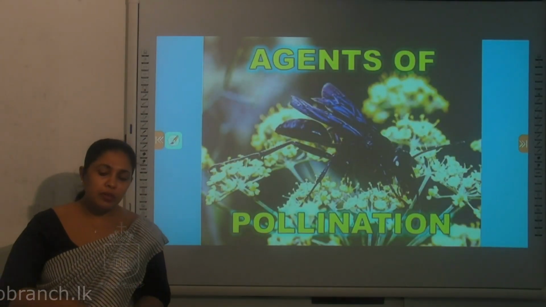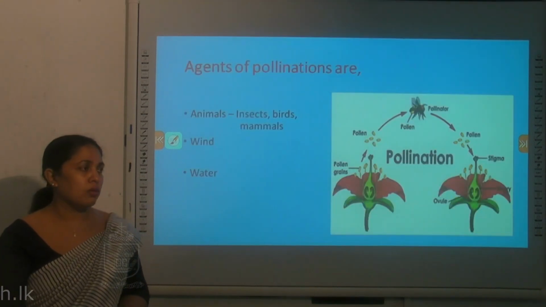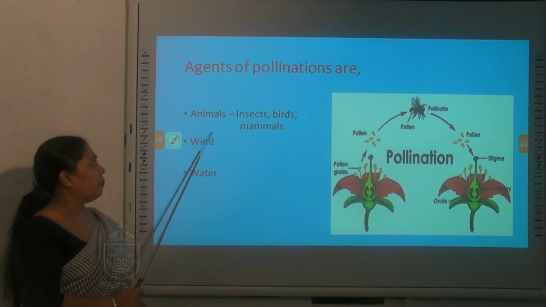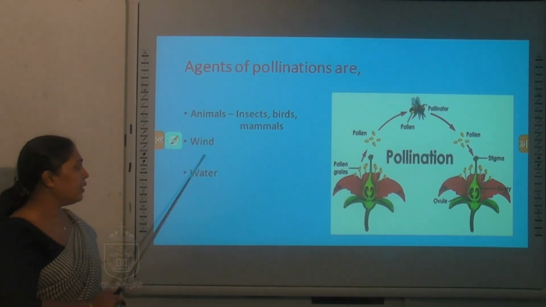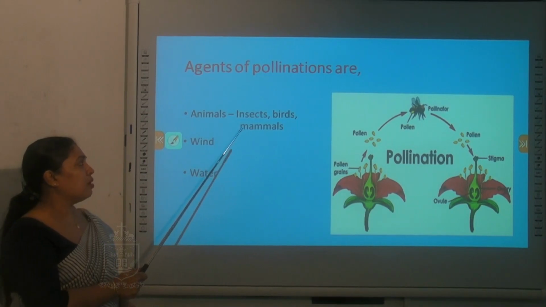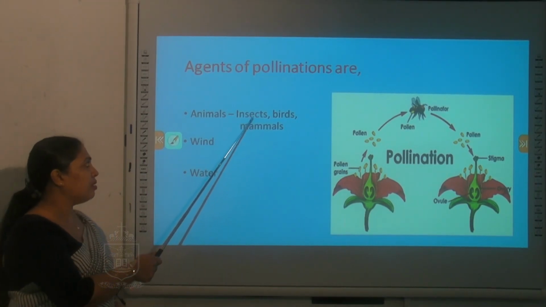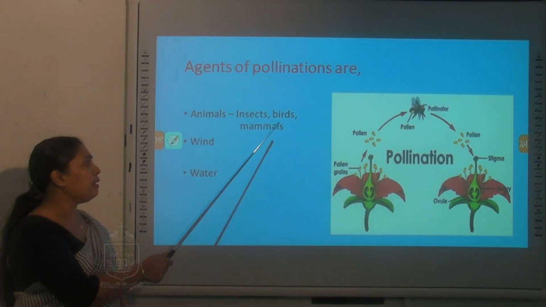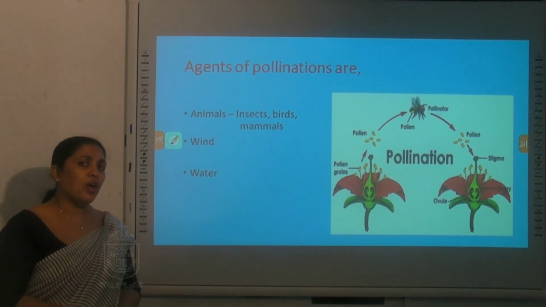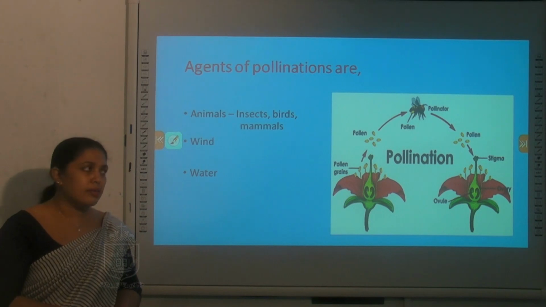There are many agents of pollination. These agents may be mainly animals and wind, and sometimes water. Not all animals, but mostly insects such as butterflies and bees, small birds, and also some mammals including rodents or bats.